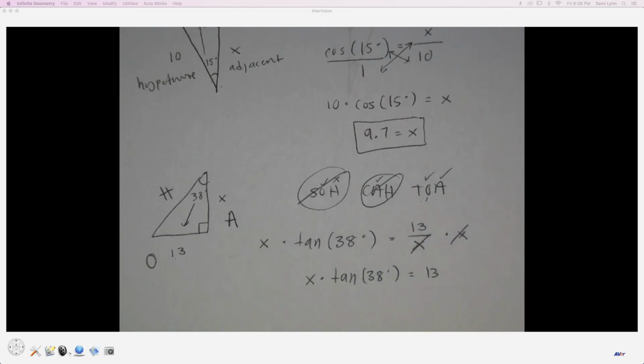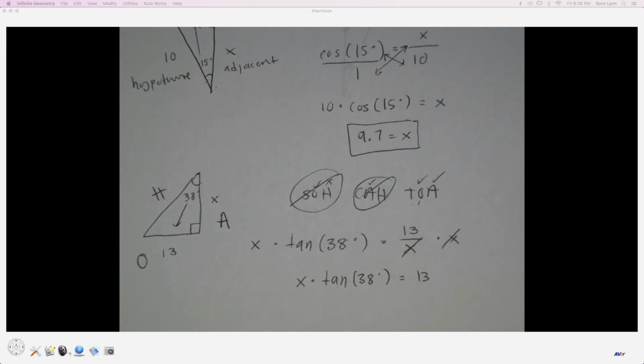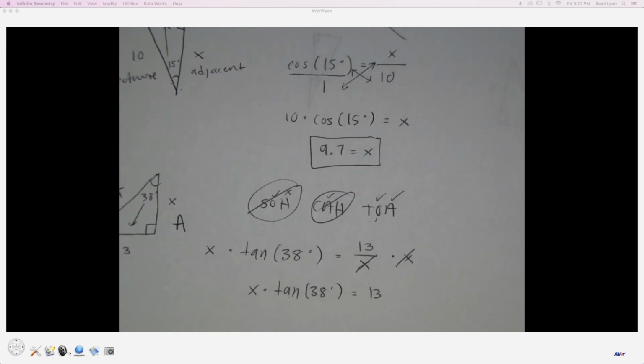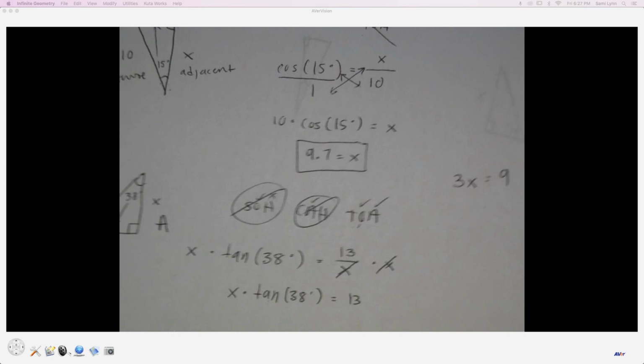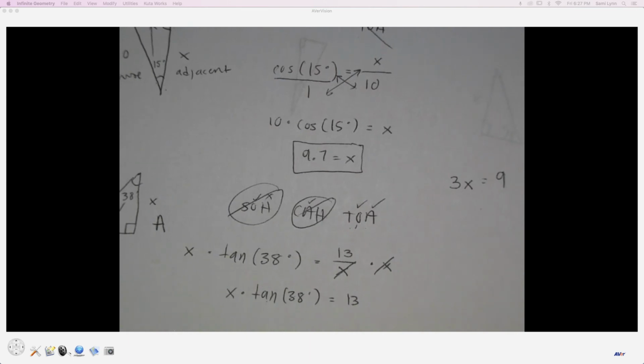So what do I do now? Remember, the tangent of 38, if I want to do this function, that's just a number. We talked about this in our notes. Quick aside, if I have x times 3, so 3x equals 9, what am I going to do to get my x by itself?